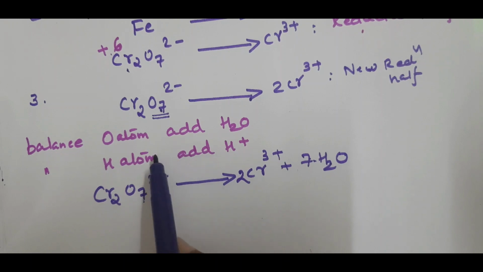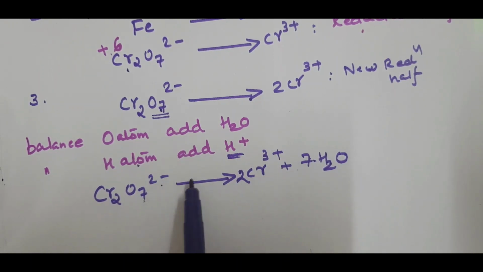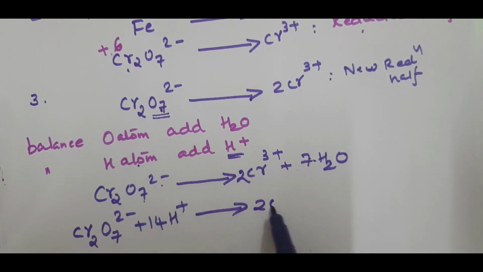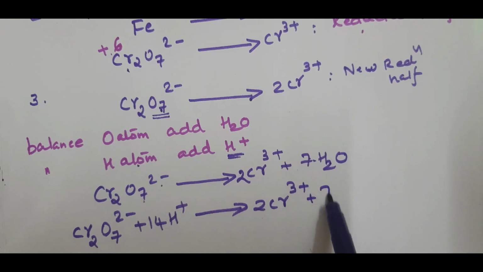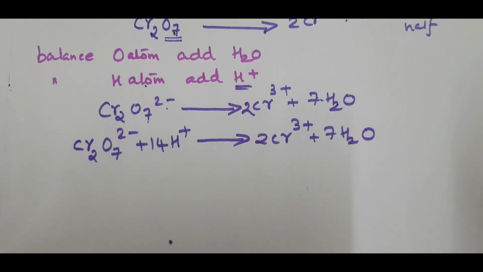So in order to balance this hydrogen, you have to add H+. So on the left hand side, you write Cr2O7 2- plus 14 H+ will give you 2 Cr3+ plus 7 H2O. So now everything is balanced.